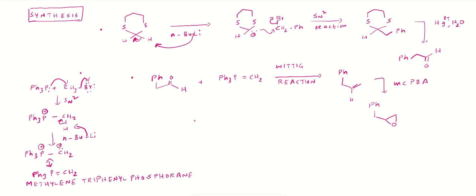Now we have diethyl malonate, CH2(C=OOC2H5)(C=OOC2H5). On reaction with ethoxide ion, because this is an active methylene group, this particular proton is acidic in nature.